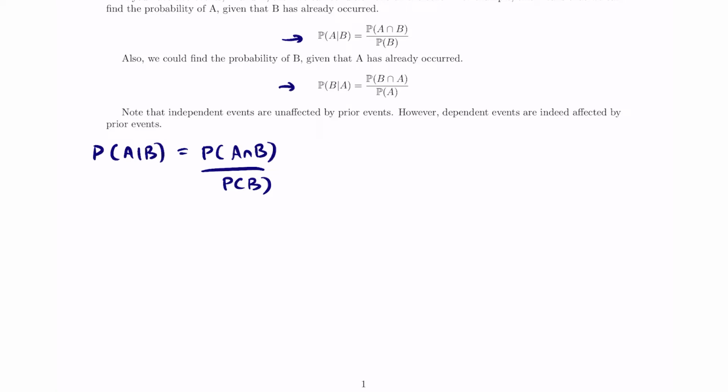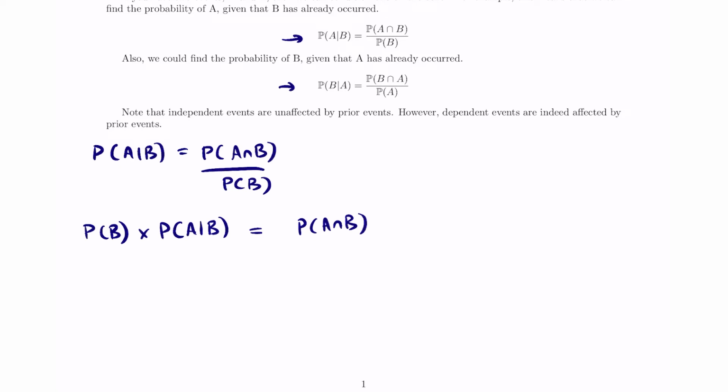We get the probability of B multiplied by the probability of A given B is equal to the probability of A and B, and the probabilities of B cancel out like so.